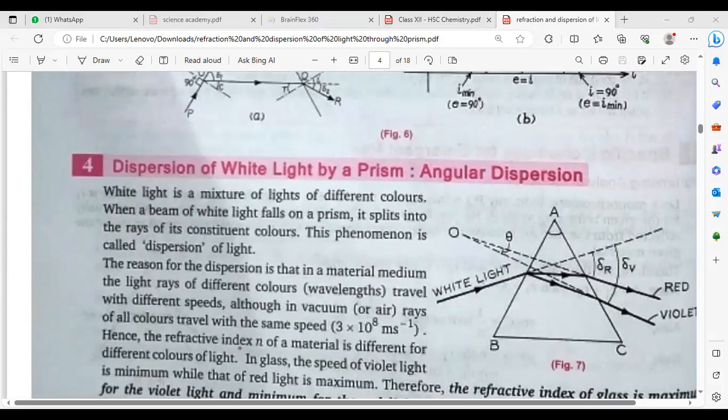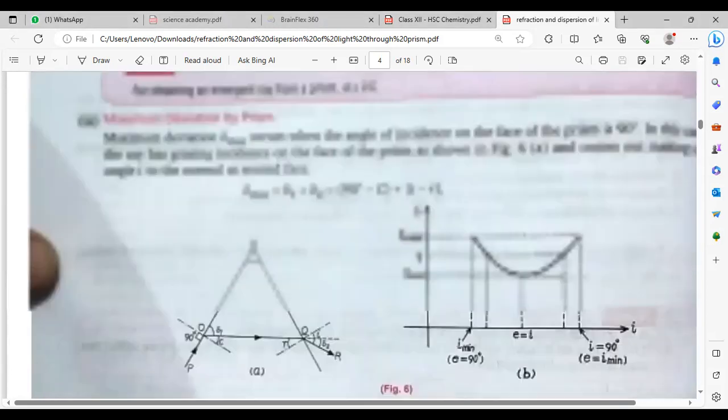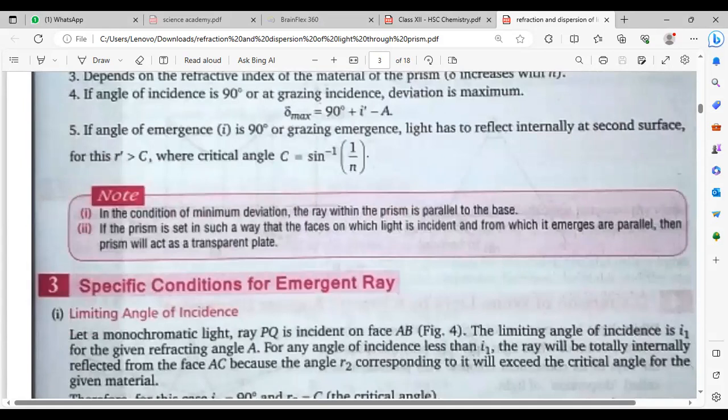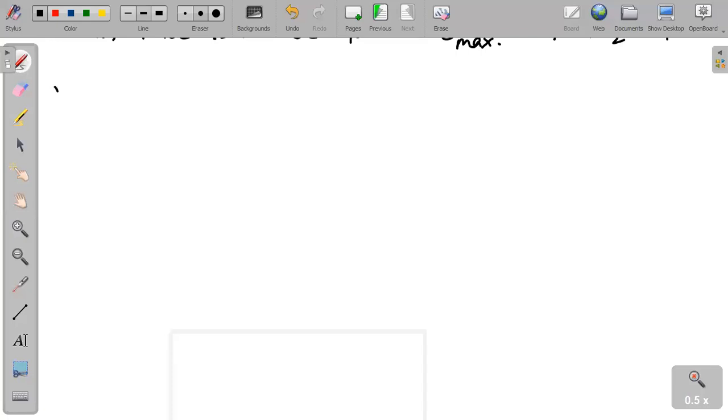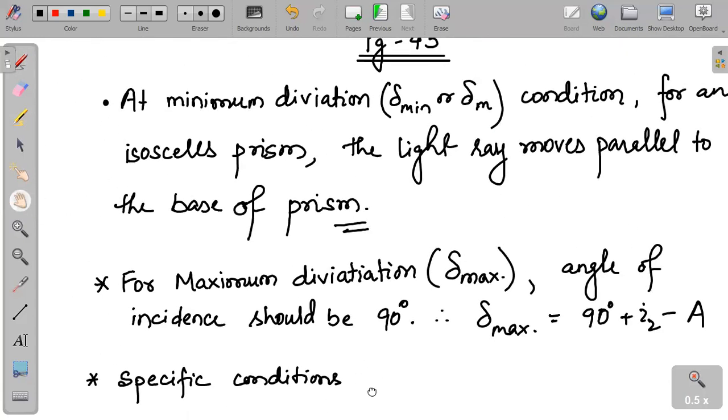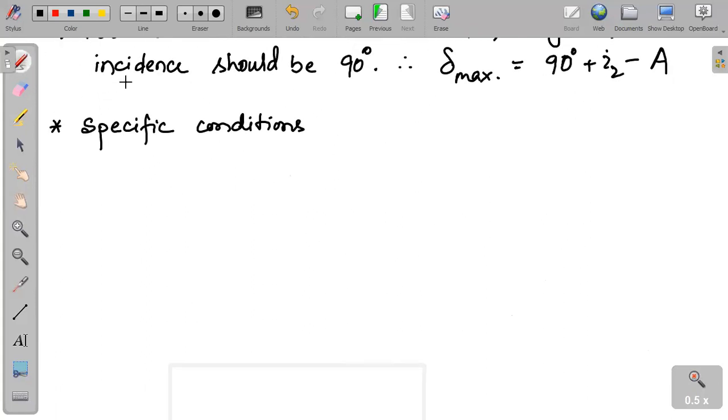So specific conditions of emergent rays.